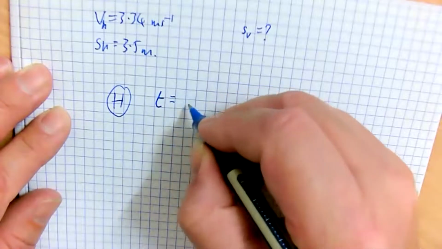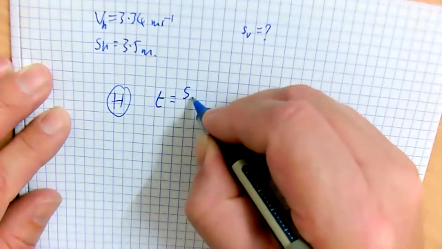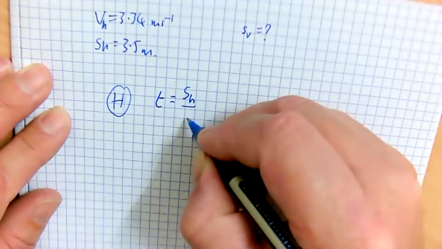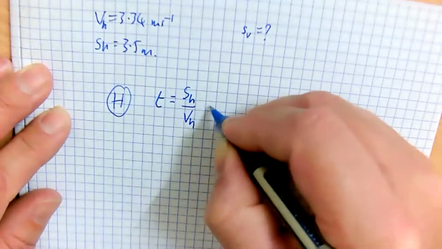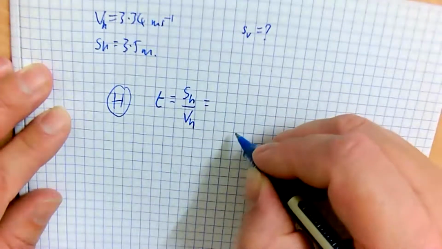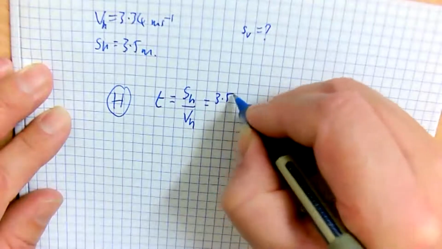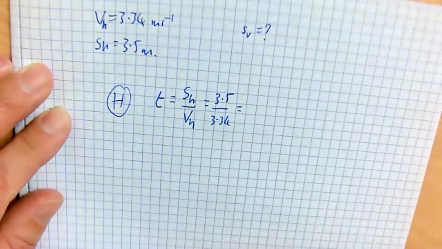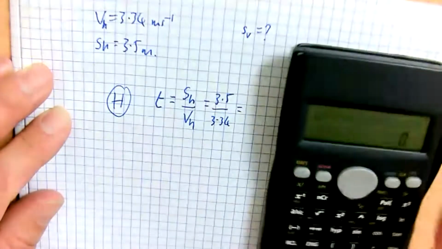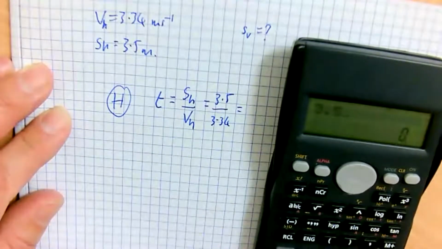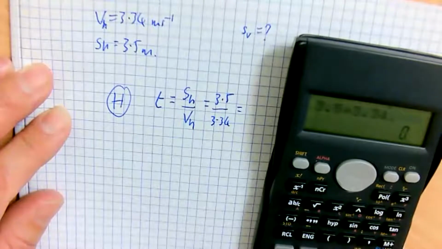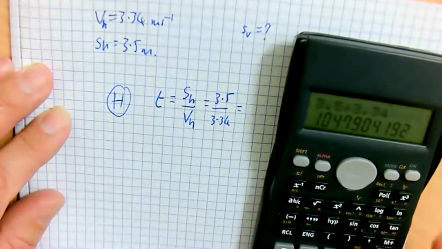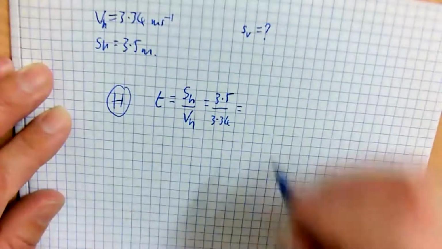So the time is going to be the horizontal distance over the horizontal velocity. The horizontal distance is 3.5, the horizontal velocity is 3.34. So 3.5 divided by 3.34 gives me 1.05 seconds.